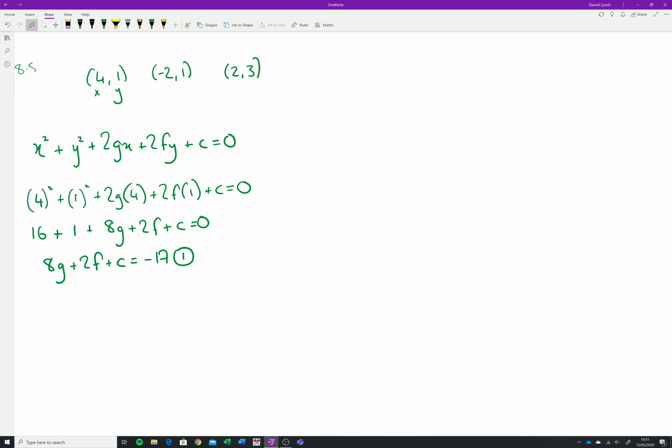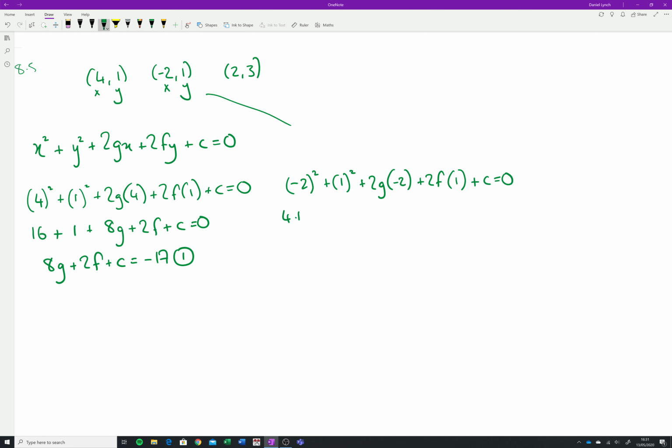We'll keep doing that. We'll place in minus 2 now. Minus 2 squared plus 1 squared. That's our x value and our y value. We're now using this in here. Plus 2g times minus 2, that's our x value, plus 2f times 1 plus c equals 0.